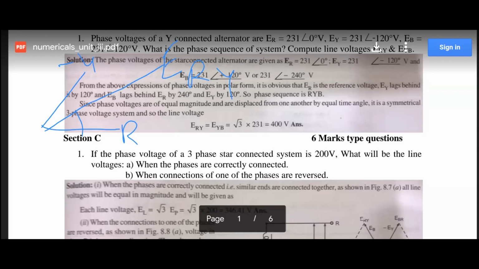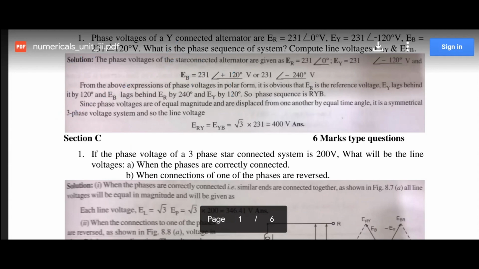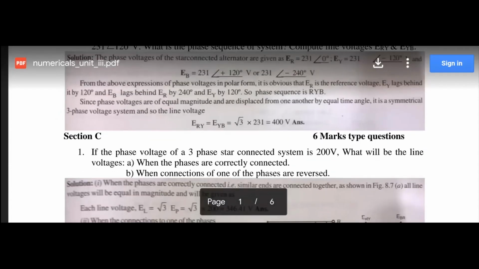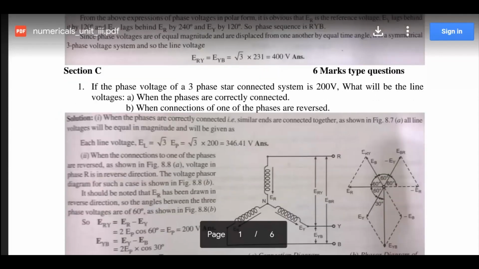It is 30 degrees. Okay, so ideally it should be 400 volts, angle 30 degrees. Okay, similarly other phases can be resolved in terms of the angles. So let's move on to the next question.